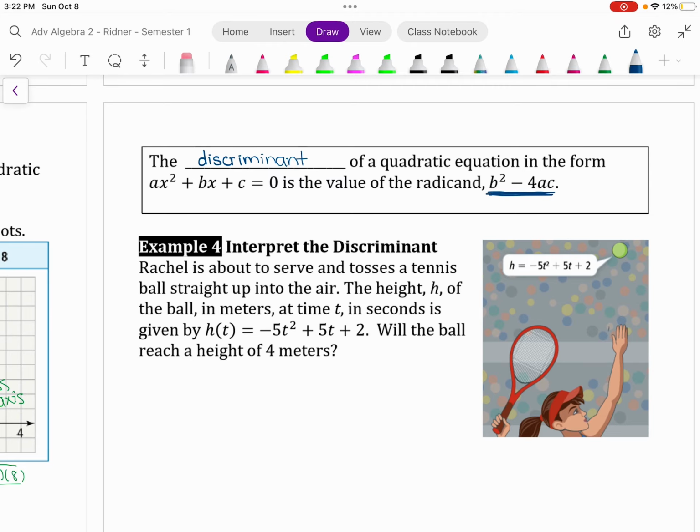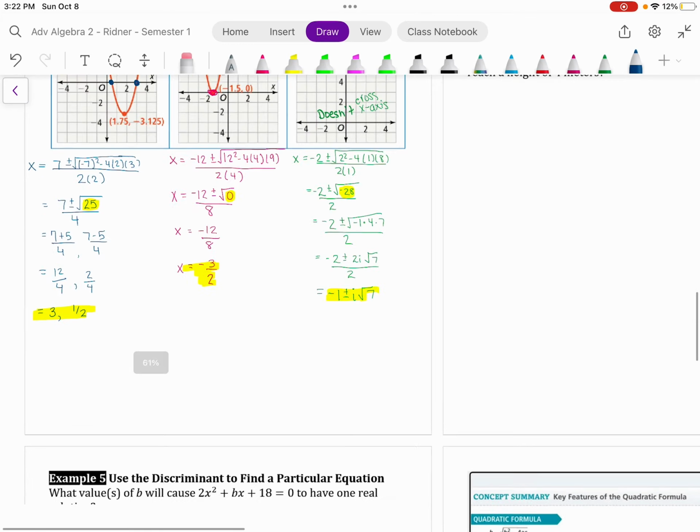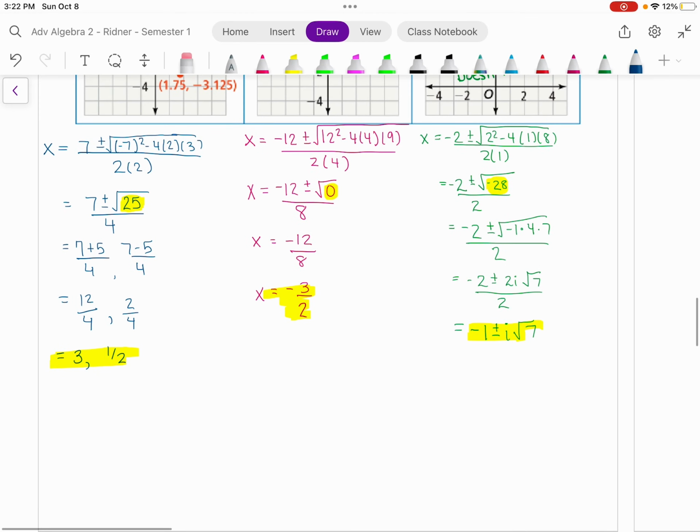Well, you've seen b squared minus 4ac before in the quadratic formula. So looking at these, b squared minus 4ac is negative 7 squared minus 4 times 2 times 3. And so that is just 25. That was the number we found that was under the radical.